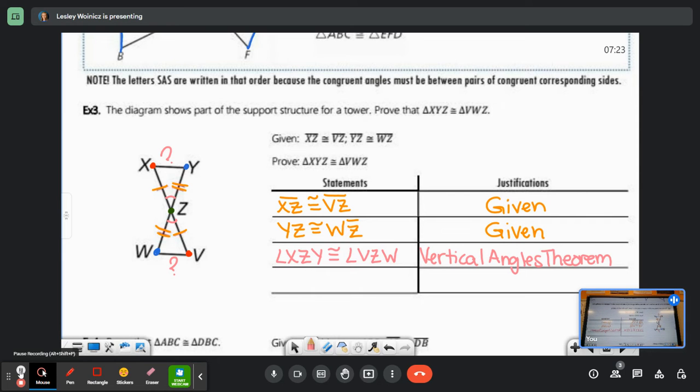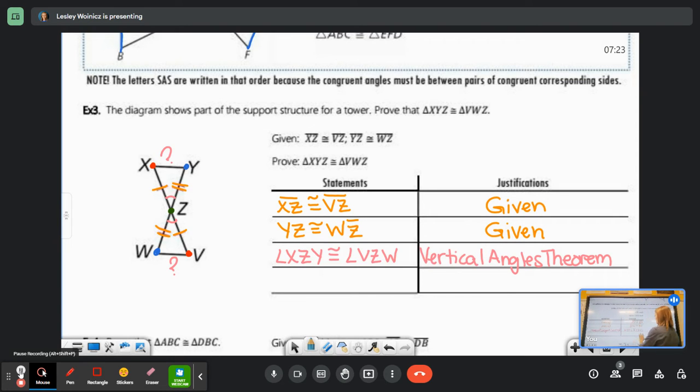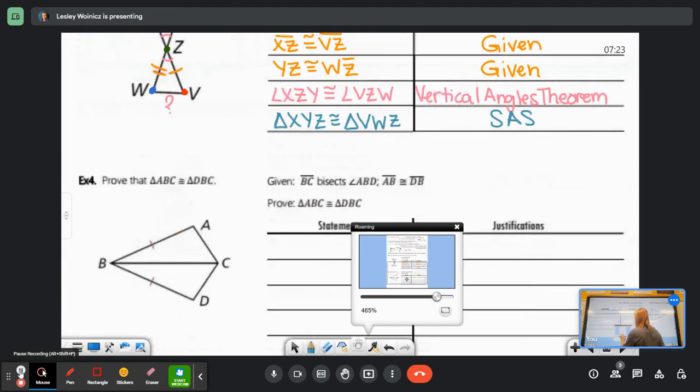Now I've got my two sides congruent, my included angle congruent. I'm ready to say that these triangles are congruent by side angle side. So triangle XYZ is congruent to triangle VWZ by the side angle side congruence postulate. You can just write SAS.